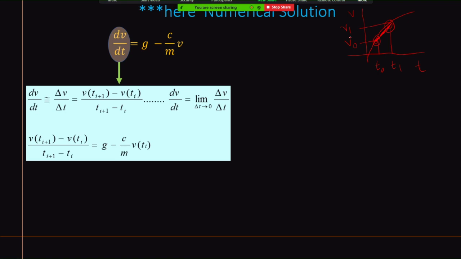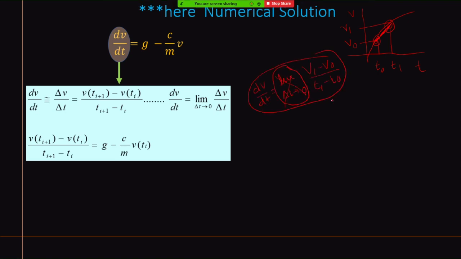Now I will remove this limit. We learned this limit in the 12th itself. If I remove this, it gives me finite steps. If I put this limit, it indicates a very small step, which is going to give me the direct tangent. That is what a derivative is called.